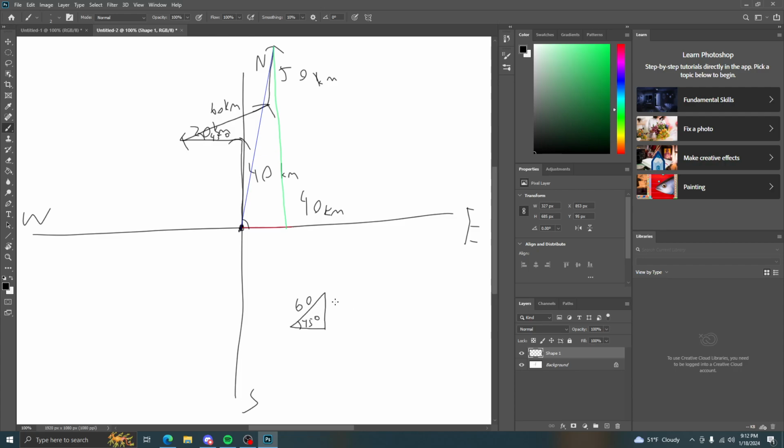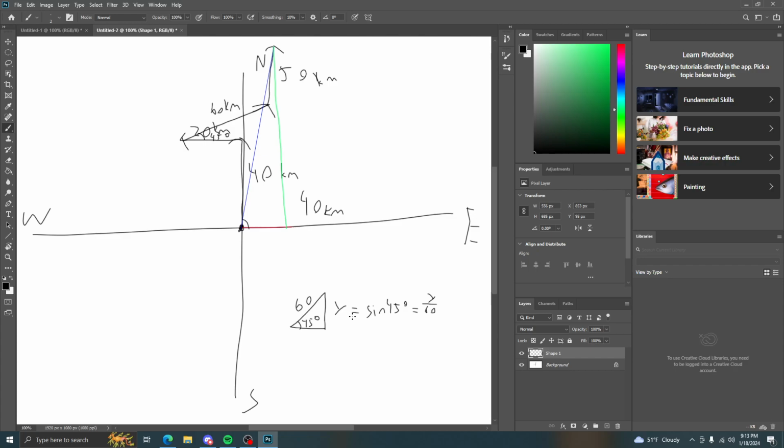Because this is a right triangle, sine of 45 degrees equals y over 60, which is opposite over hypotenuse.